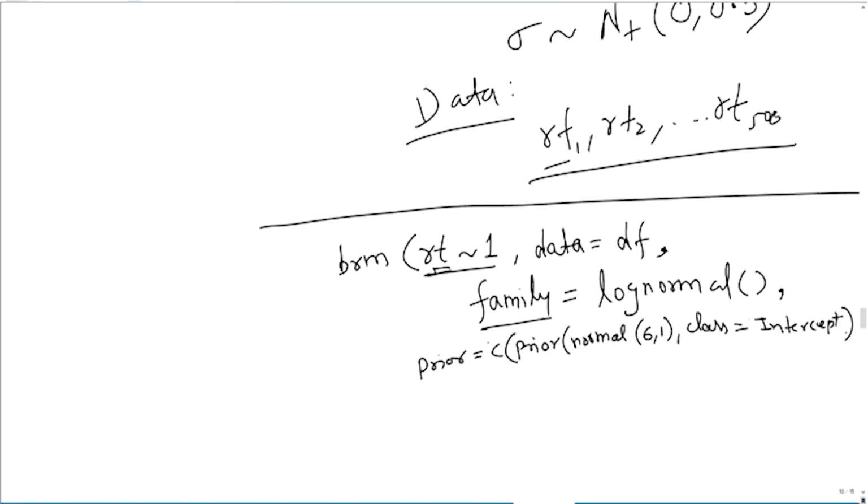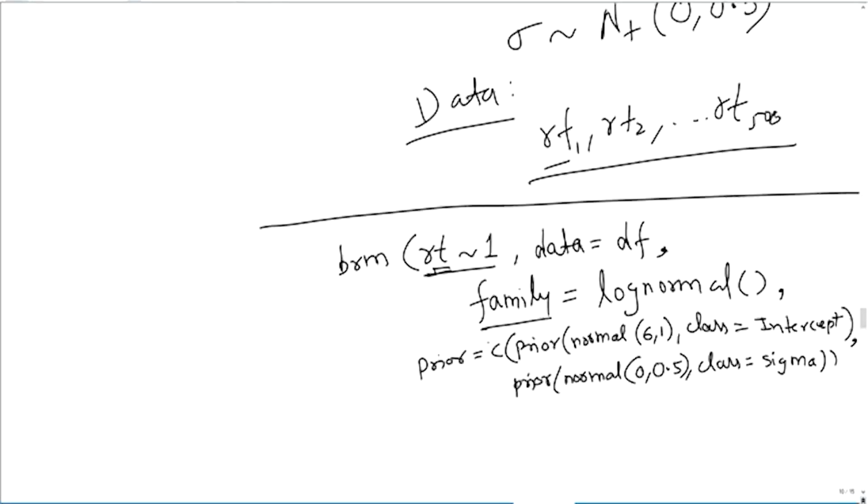You will understand this when you start regression modeling, but the idea is that we are defining this prior for the parameter mu. Now we define the prior for the second parameter. Prior normal, what was the prior? 0, 0.5, class equals sigma.